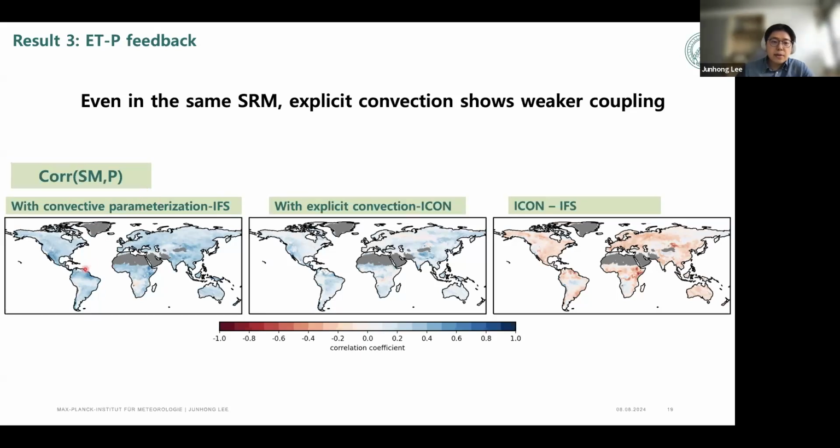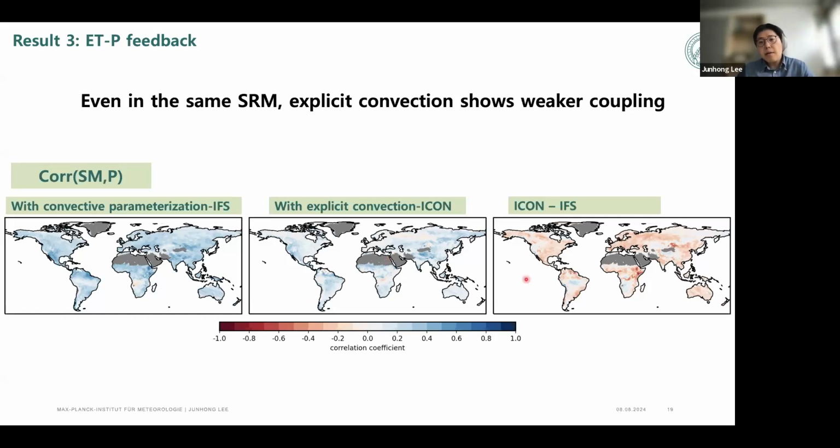And as you can see, the IFS result still shows a positive correlation coefficient. But if you look at the middle panel for ICON, the positive correlation coefficient is less bluish now, and sometimes the sign is converted to negative, over Europe for example.